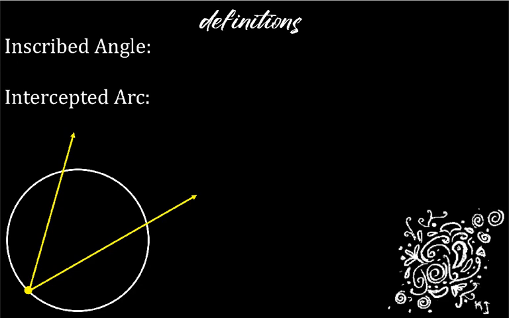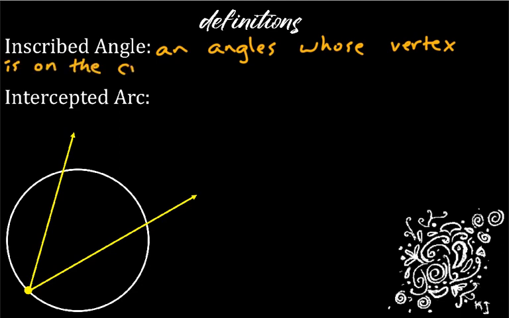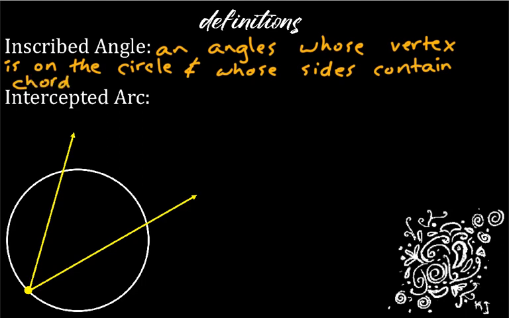An inscribed angle is an angle whose vertex is on the circle and whose sides contain chords of the circle. So this right here is the inscribed angle.